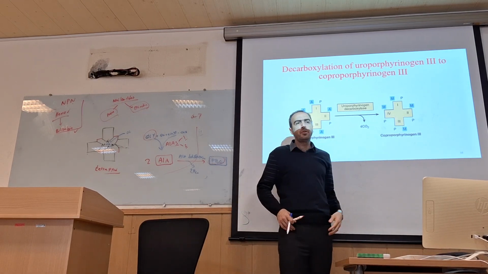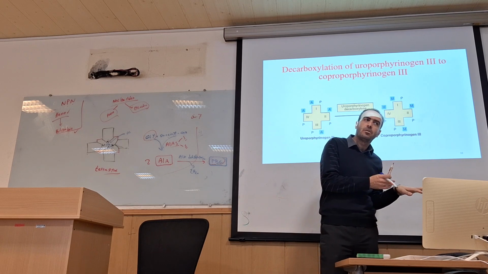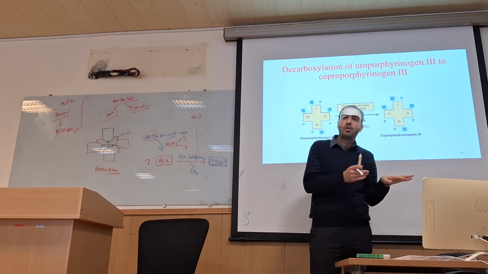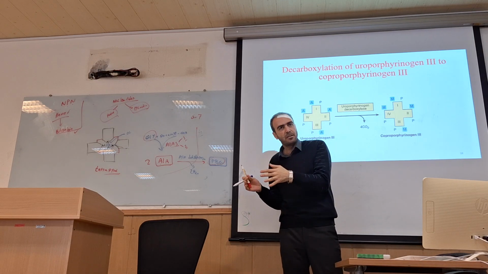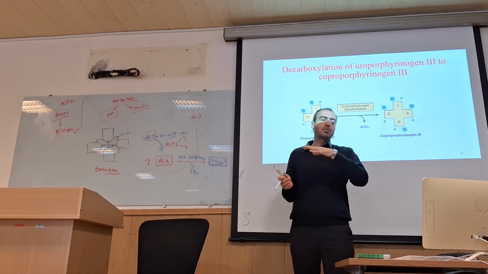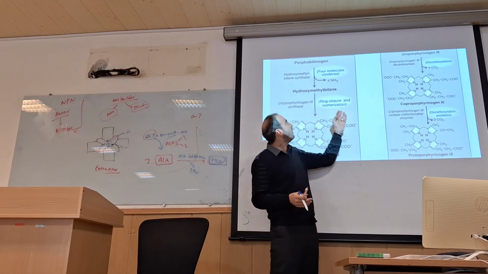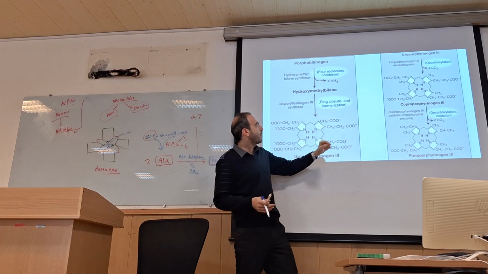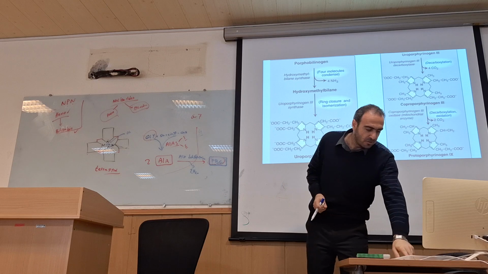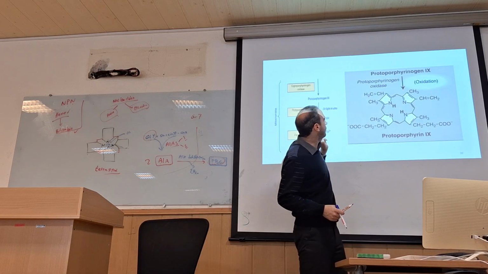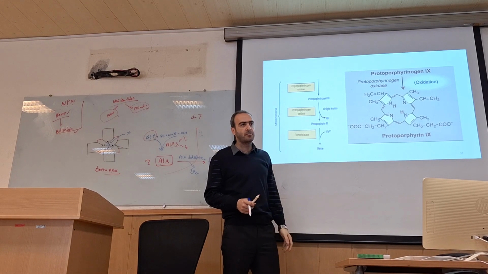This coproporphyrinogen is again sent to the mitochondria. Till now, our reactions occurred in the cytosol. But coproporphyrinogen is sent to the mitochondria, and then we have 2 levels of oxidation by these 2 enzymes. And finally, we have protoporphyrin.